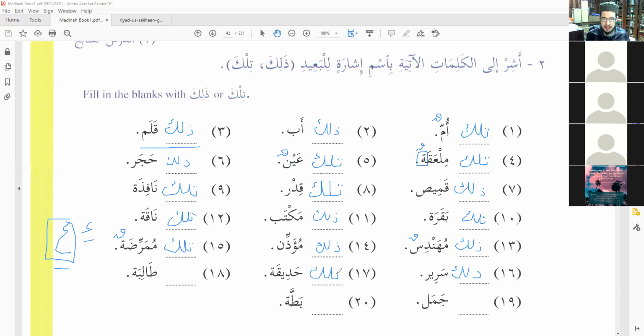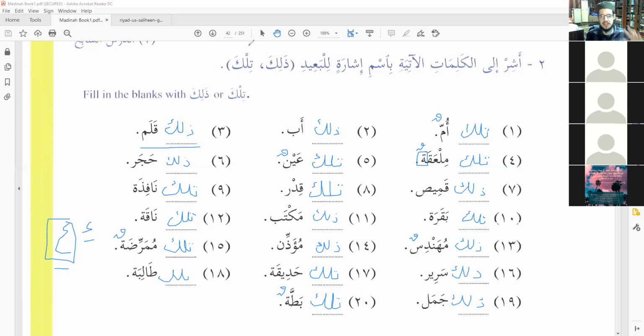Brother Muhammad. تلك طالبة. Fantastic. Brother Muhsin. ذلك جمل. Yes. Fantastic. Jamalun. And number 20, Sister Syra. Tilka battatun. Yes. Battatun. Very good.